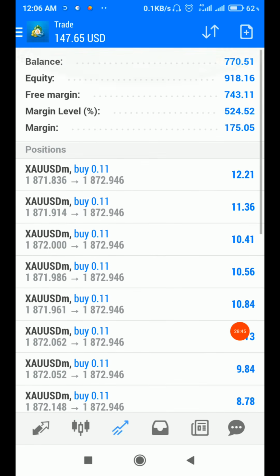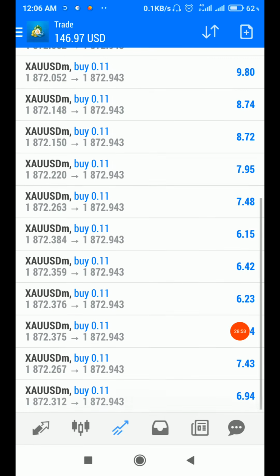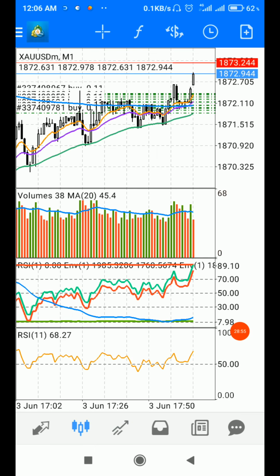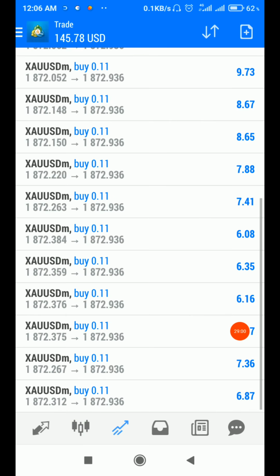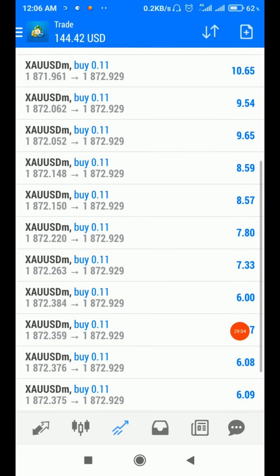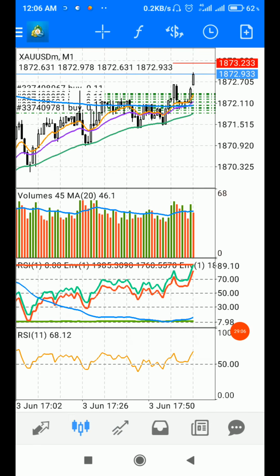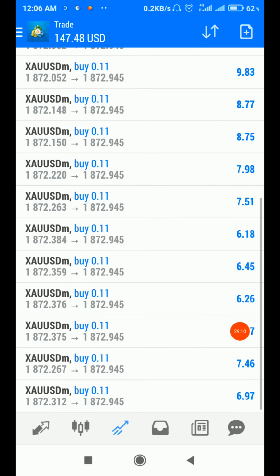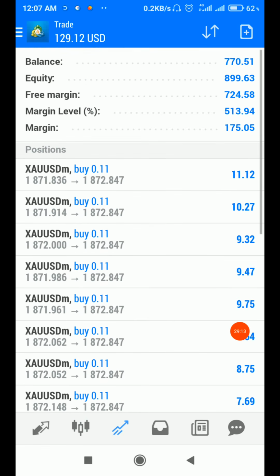Now you can enjoy the profit. It is almost 900 plus. You see how powerful the strategy is. So here we are looking for $1,000. Right at this moment price is hitting upward much further.